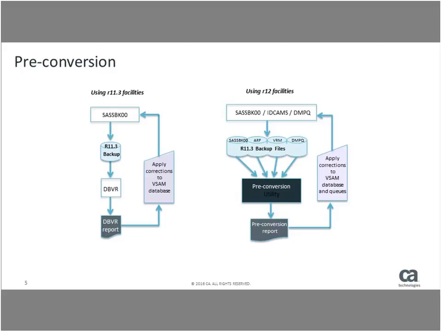It's going to use your BK00 backup, the IDCAMS backup of ARF and VERM, and a copy of your dump queue file. We'll go more into this as we go along. But all of that feeds into the pre-conversion to give us the pre-conversion report.